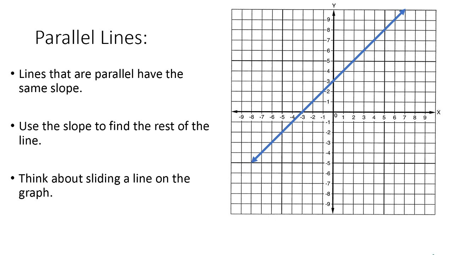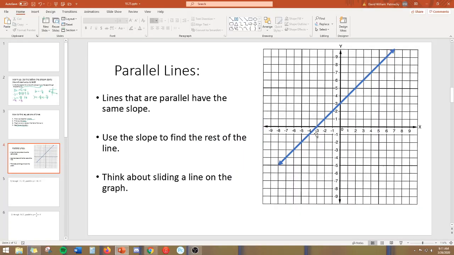And so what we can do with parallel lines is, if we have one line like this, I like to think about parallel lines as just copying the line and moving it over. So clearly these two lines are parallel because they have the same slope.